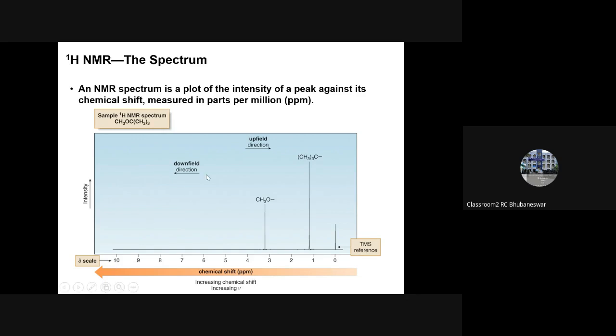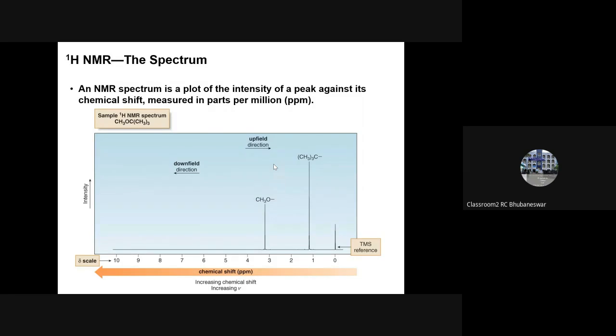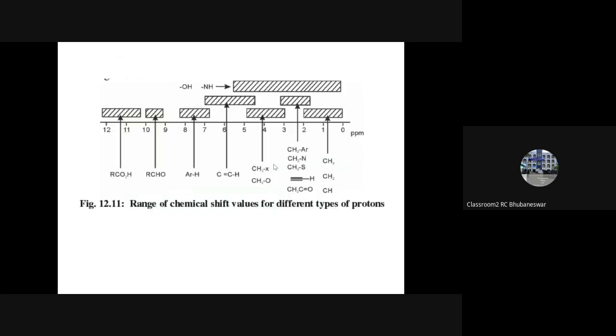If you are moving away from the reference peak, you are moving towards the downfield direction. If you are close to the TMS reference peak, you are moving towards the upfield direction. So increasing chemical shift is observed with increase in resonance frequency.